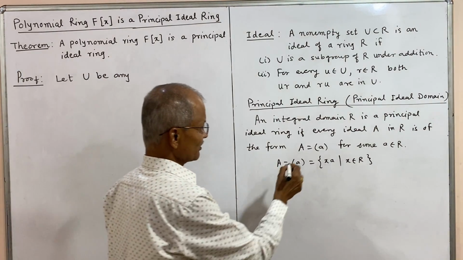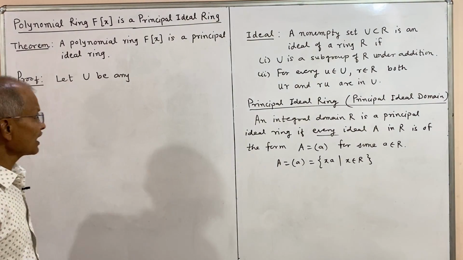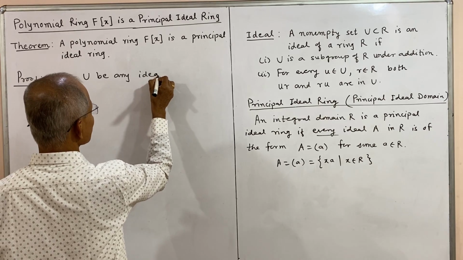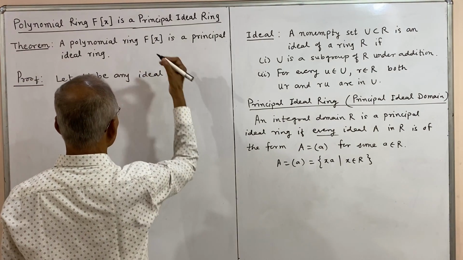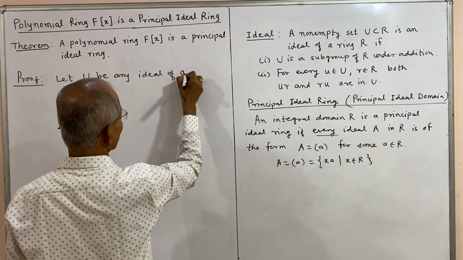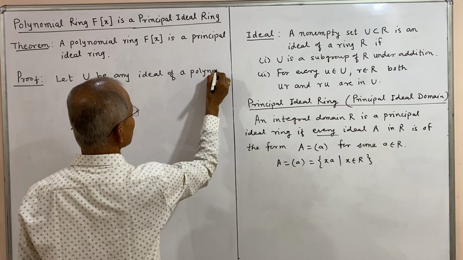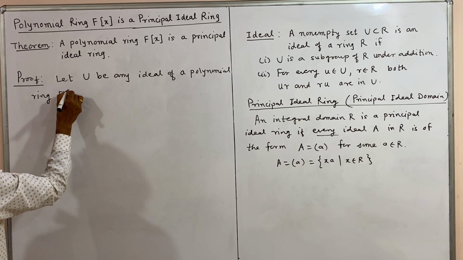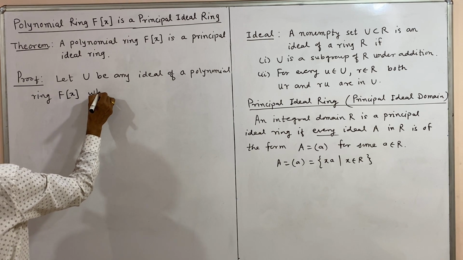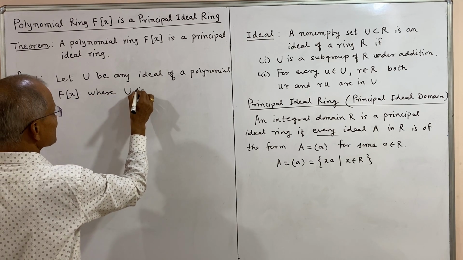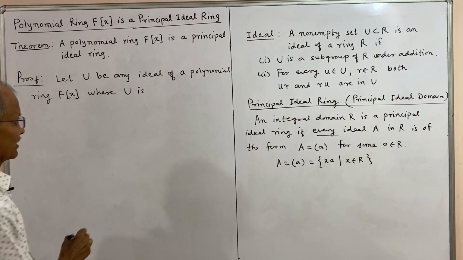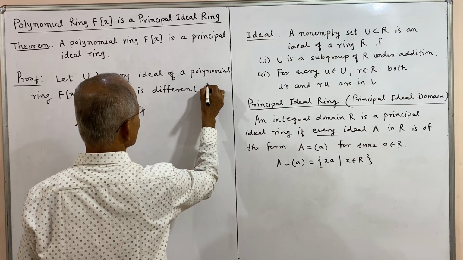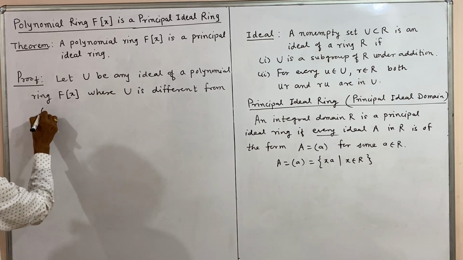Every ideal must be of this form, so therefore we shall consider an arbitrary ideal U of the polynomial ring F[x], where U is different from the 0 ideal, the ideal generated by 0.